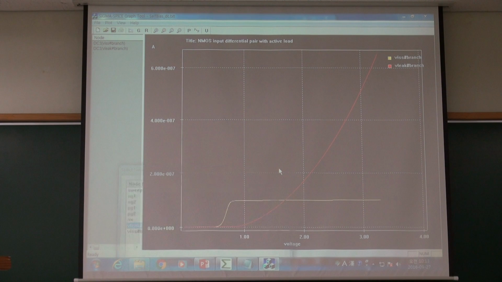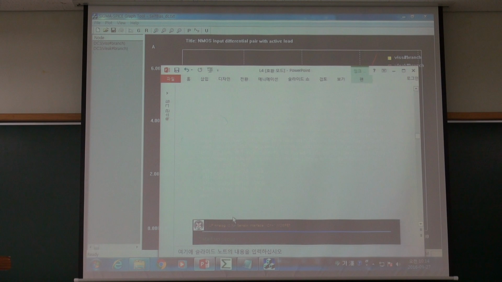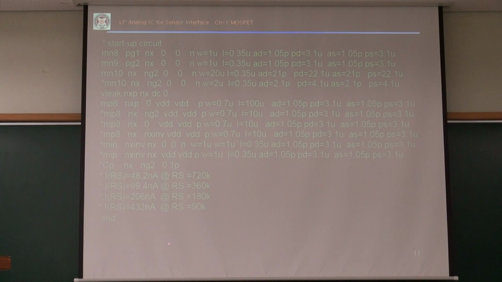Wow, the leakage current is huge. At 3.3 volt, the leakage current is around 700 nanoamp, right? It's very large. Let's look at that startup circuitry part. Yeah, I made a startup circuitry like that.